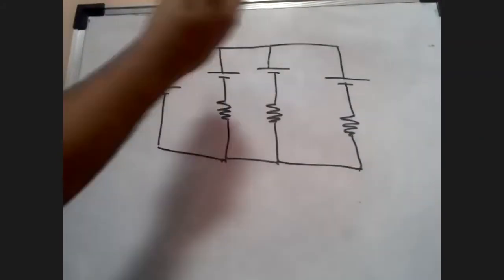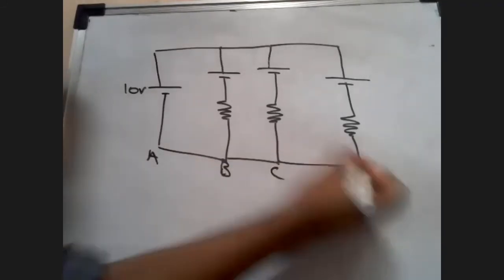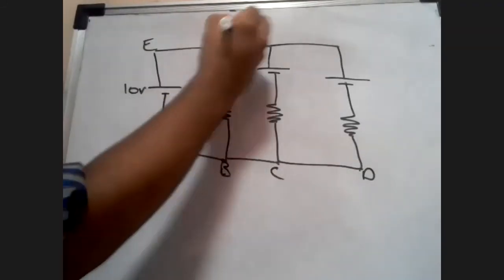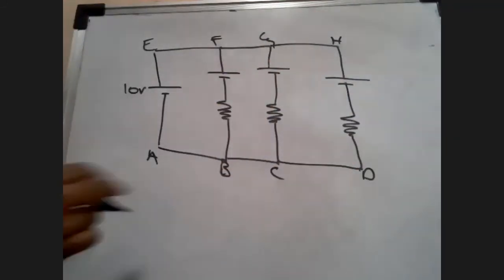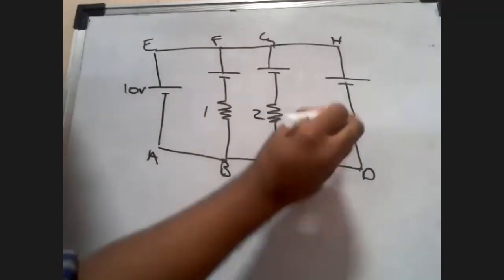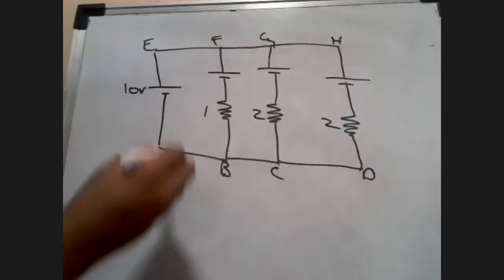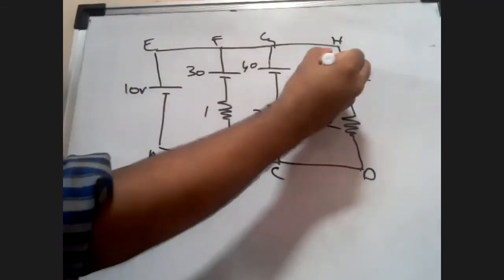Let's name these points A, B. Let's say resistor's value is 1. This is 2. Let's say this is again 2. 30, 40, and 50. 30 volts, 40 volts, and 50 volts.